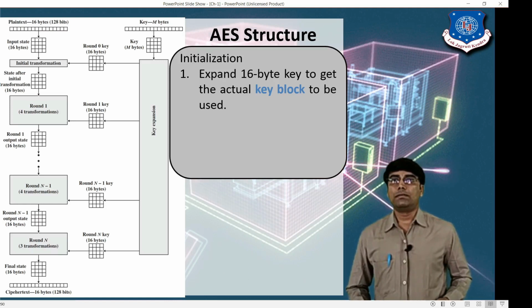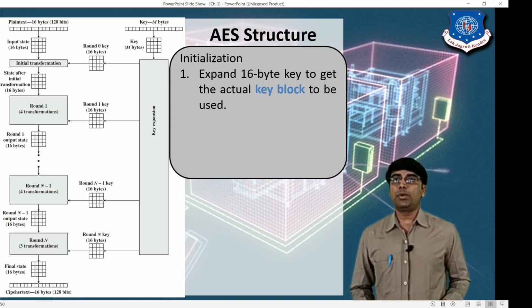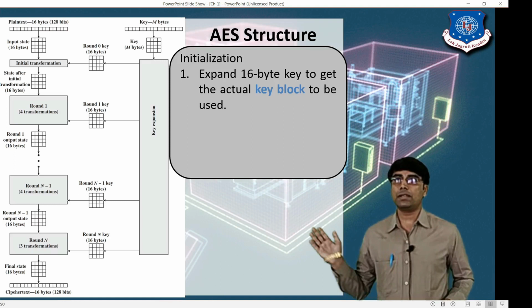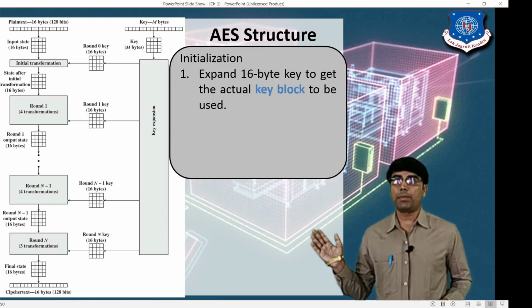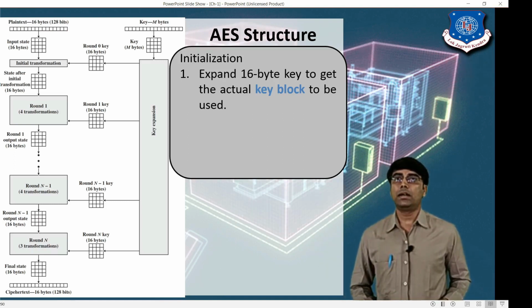Now we can input two things in the initial transformation. The first input is the plain text, the second is the key matrix. We are performing an XOR operation on this in the initial transformation.